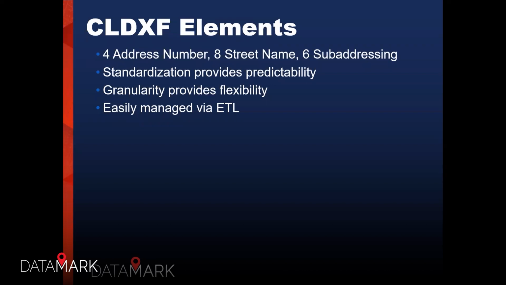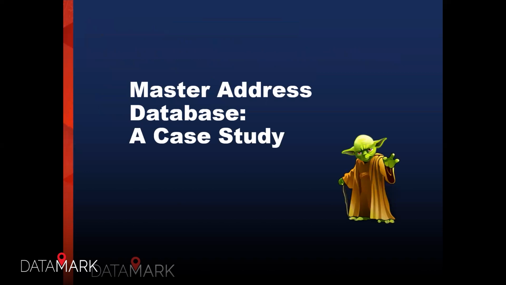It allows you to address different departments' needs in the government enterprise in different ways with the same data set, instead of managing and maintaining multiple data sets for multiple needs. This is something that comes with some pain to get into the granularity, but in the end, you'll find yourself only maintaining that data set one time, which is exactly what this case study is about, the master address database.